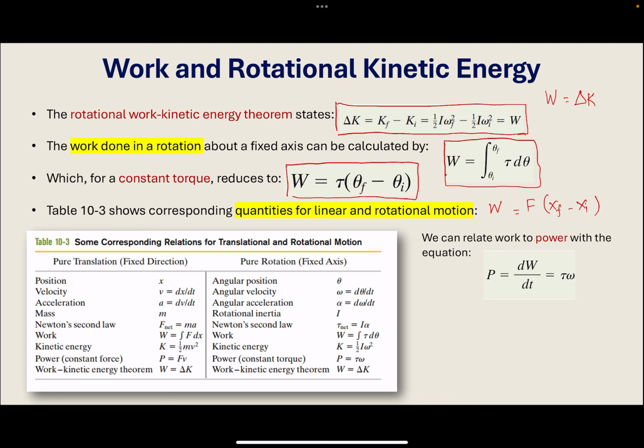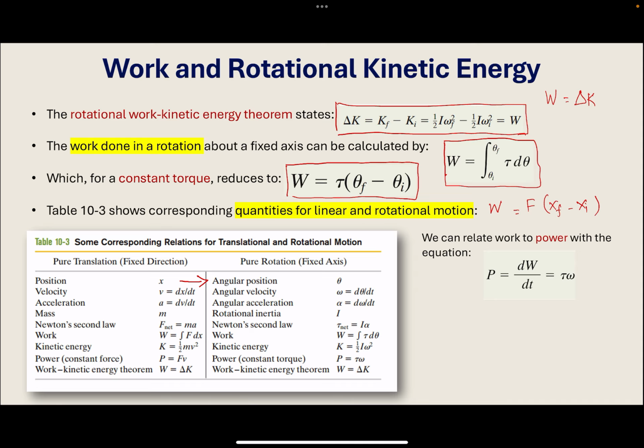In the table, this is a summary of the corresponding quantities between translational and rotational motion. We have position, and in rotation we have angular position theta. Velocity, angular velocity. Acceleration, angular acceleration.